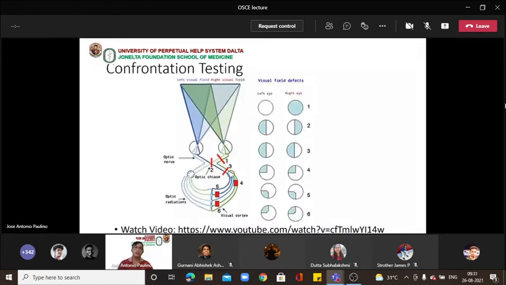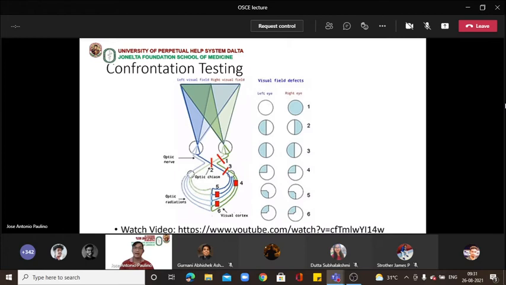So this is how we do the confrontation testing. I am including a link of a YouTube video here, which you should watch on your free time. If you notice, the left eye on this diagram corresponds to the left side and the right eye corresponds to the right side, unlike the other parts of the test, because here we record what the patient sees.